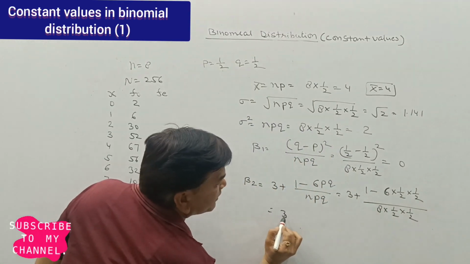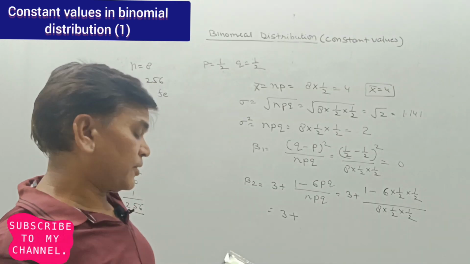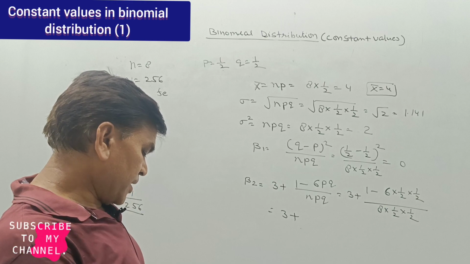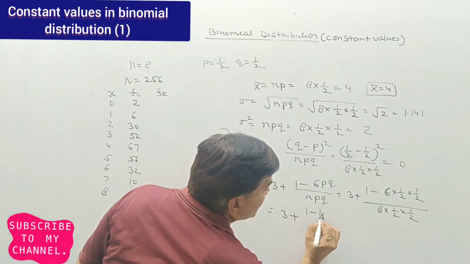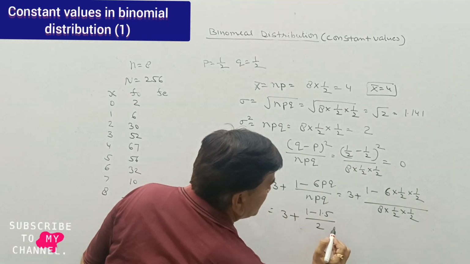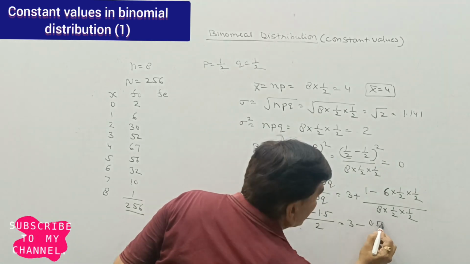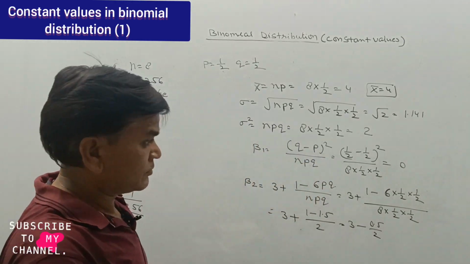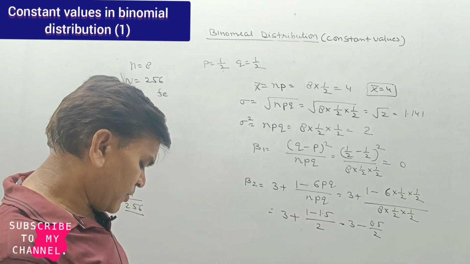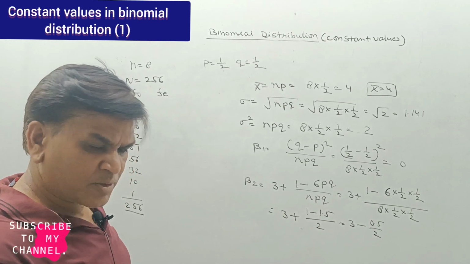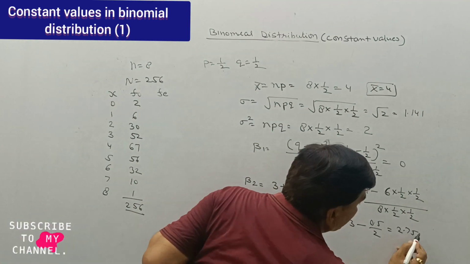So the value of this will be 3 plus (1 minus 6/4) divided by 2. 6 divided by 4 is 1.5. So 1 minus 1.5 is minus 0.5, divided by 2, that is minus 0.25, and 3 is plus, so that will be 2.75.